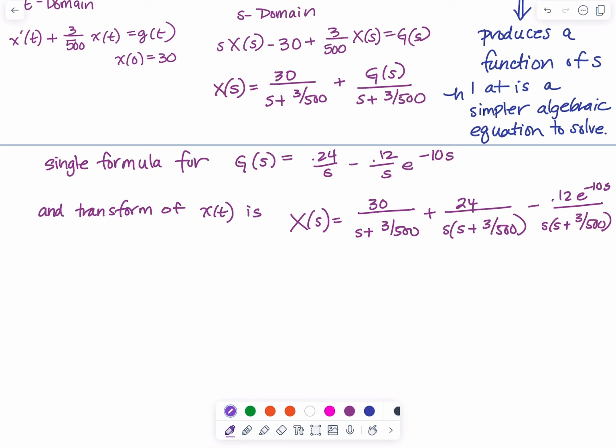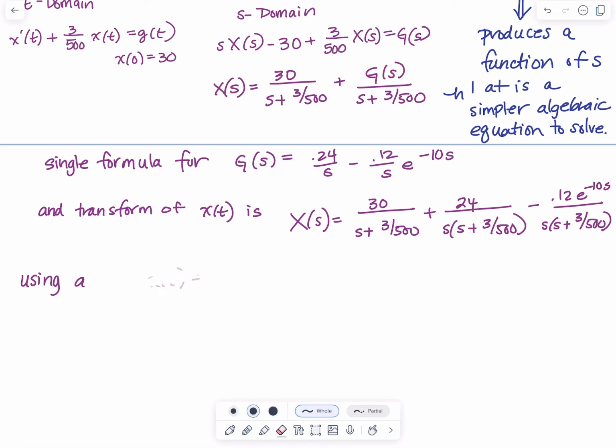So now we have x of t is equal to, and this is using a table and a little theory, of course.